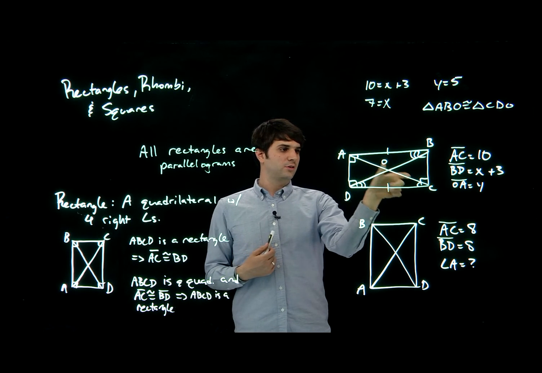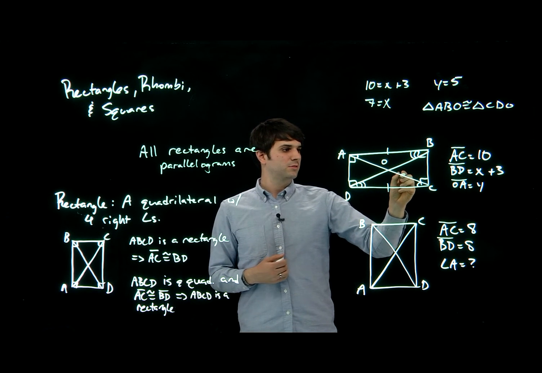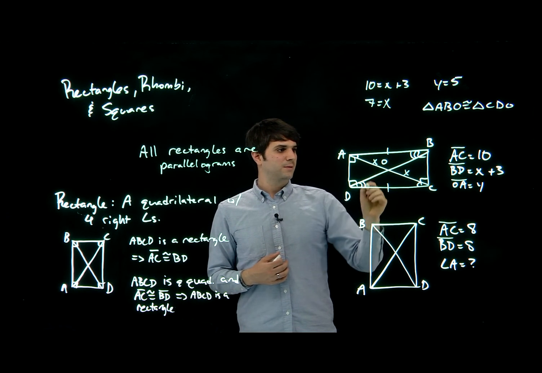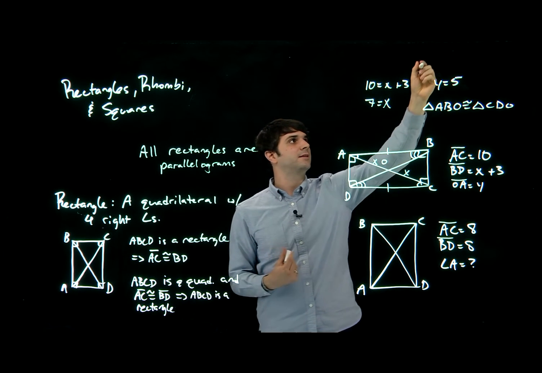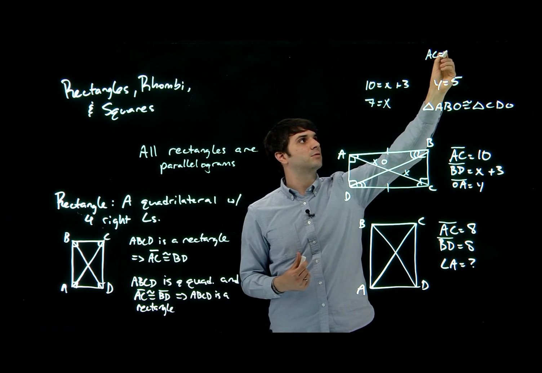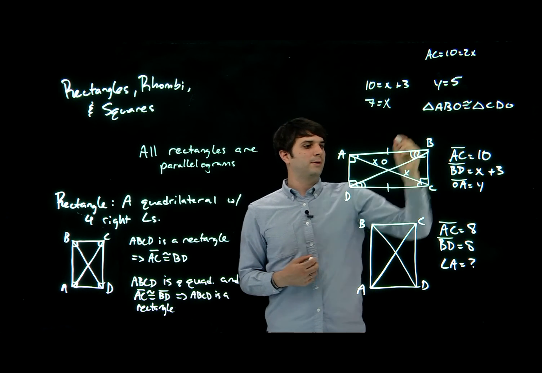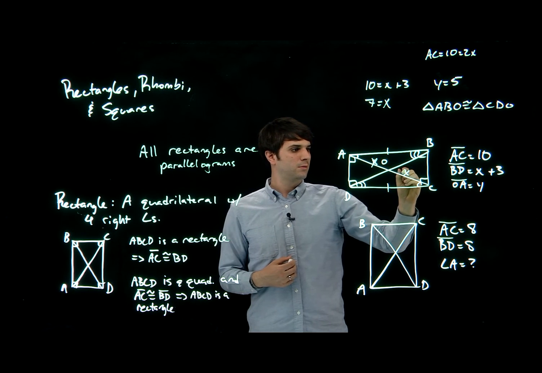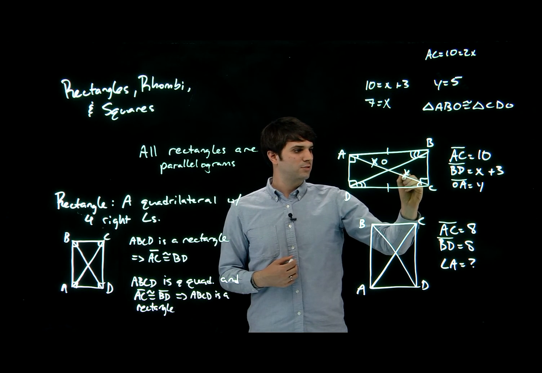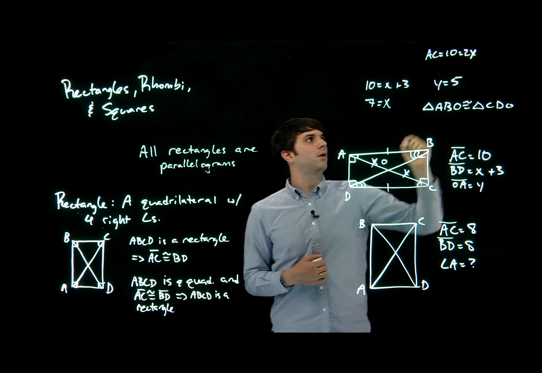We don't know the value, but maybe the value is Y and Y. We know that AC is 10, so AC equals 10, which equals 2Y.